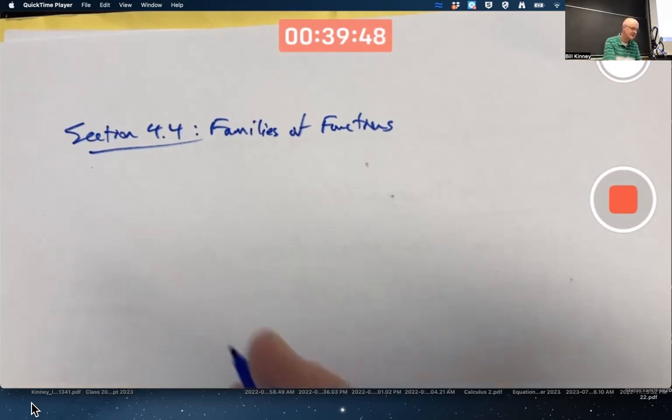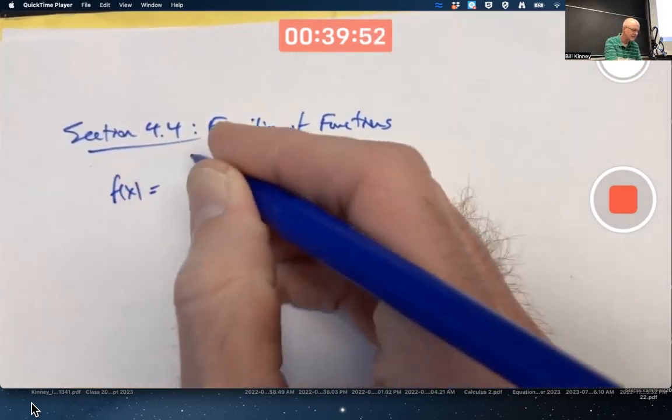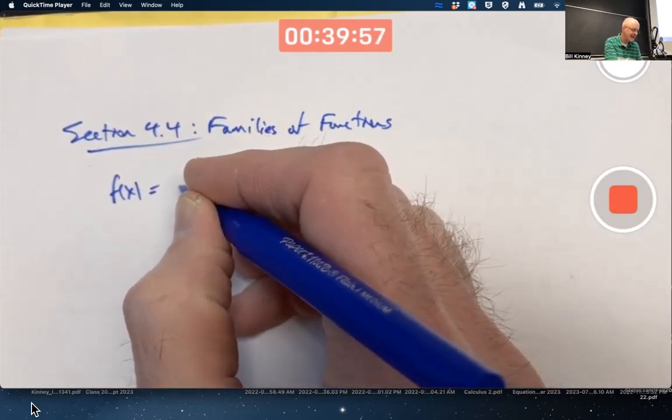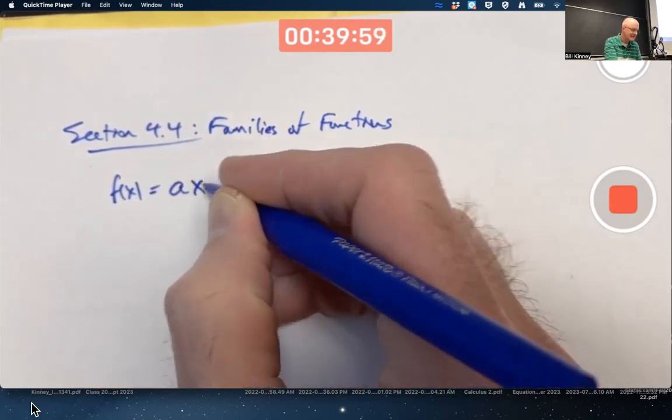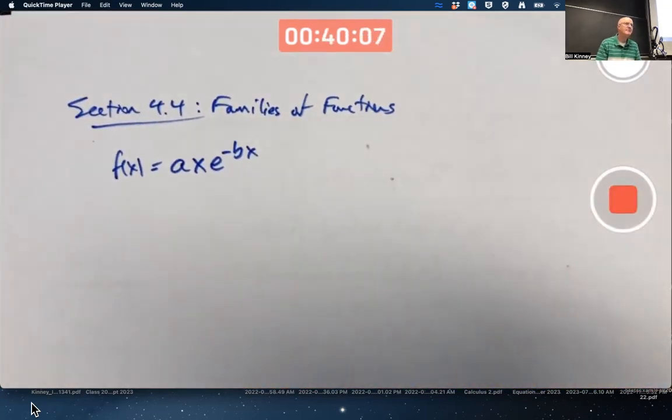Here's a family of functions. f of x equals, let's make it a two-parameter family of functions, a x times e to the negative bx. a and b are constants, but they could be any constant.